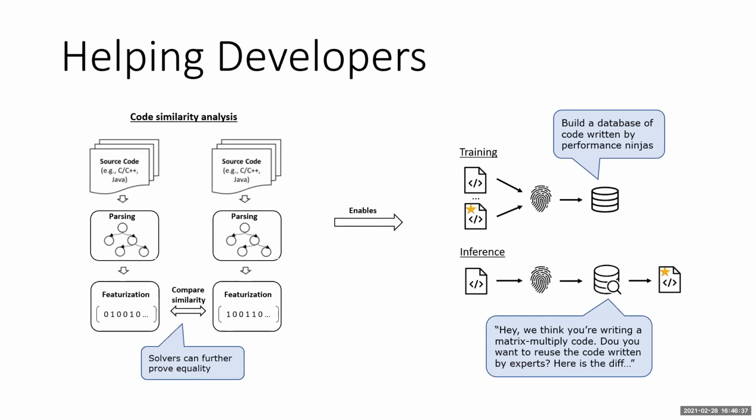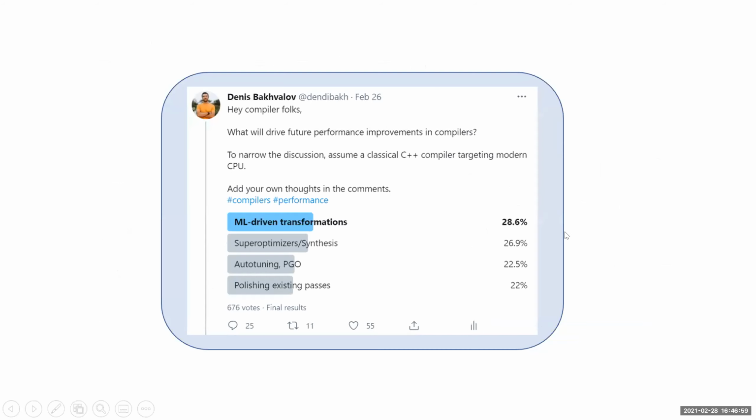So the recommendation system will be like, hey, I think you are writing matrix multiplication code. Do you want to reuse the code written by performance experts? If yes, here is the diff. And I believe that compilers will play a big role in building such recommendation systems.